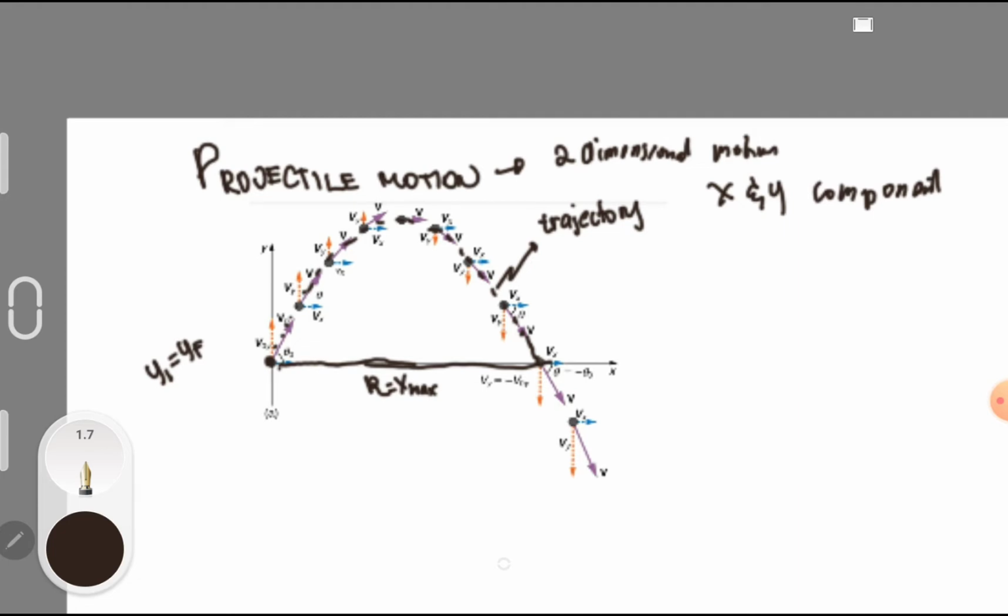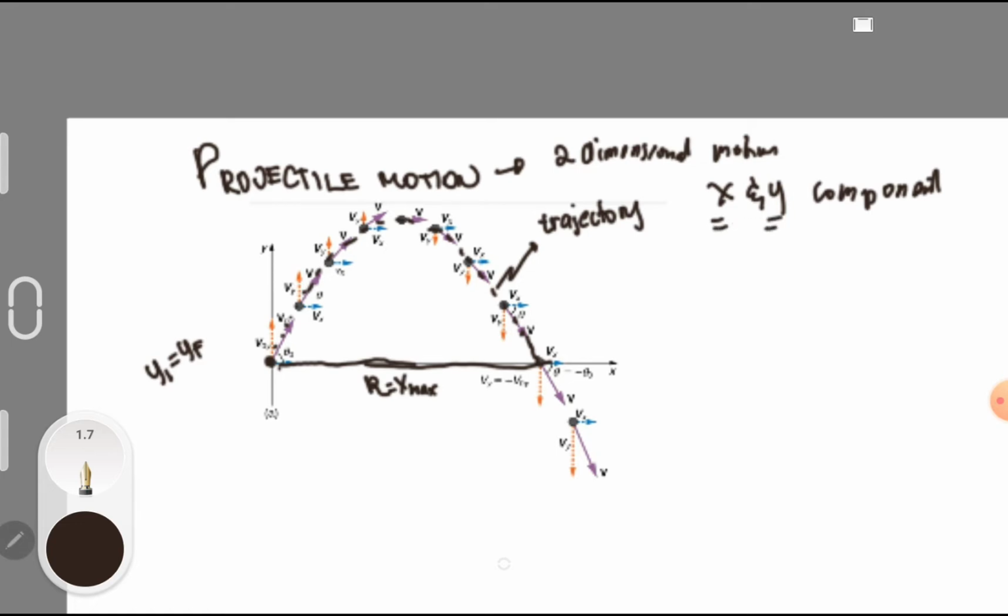If you are talking about a vector quantity, you all know that your vector quantity has two components, your x component and your y component. So take note that your displacement is a vector quantity, therefore it has two components, your x and y components.